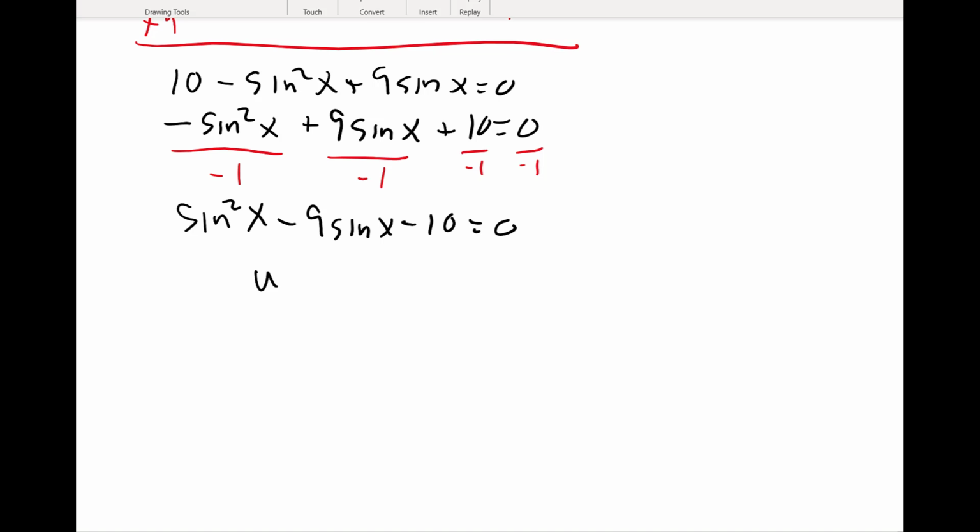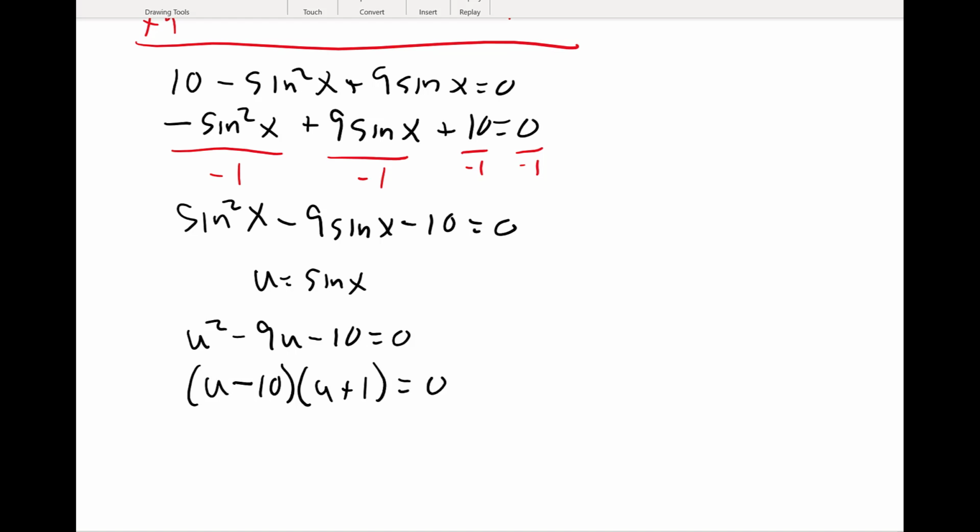Now we can say u equals sine x. So u squared minus 9u minus 10 equals 0. You don't have to do that substitution if you don't want, but sometimes it's easier to see this with a variable instead of a trig function. So if you factor this, we have u minus 10 as a factor, and then u plus 1 as a factor.